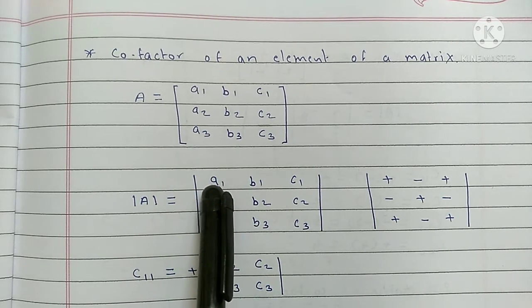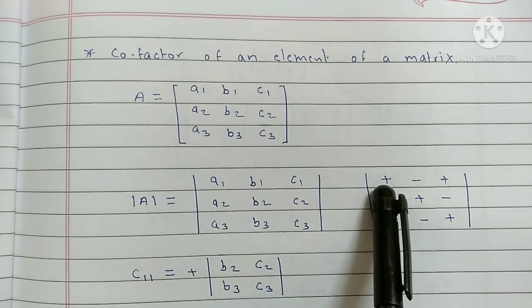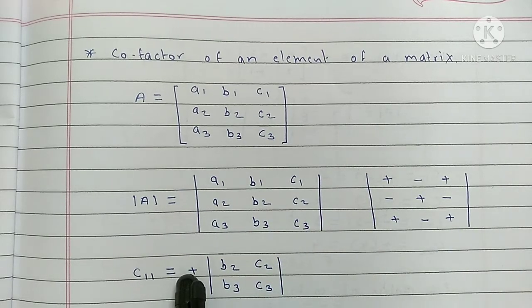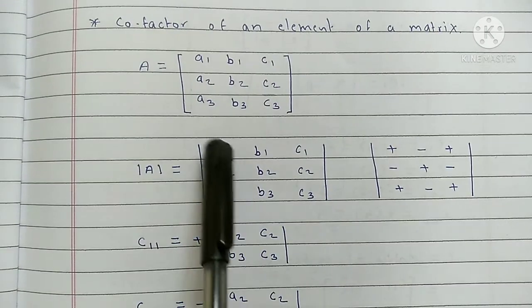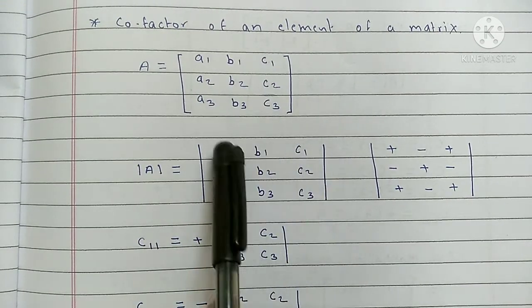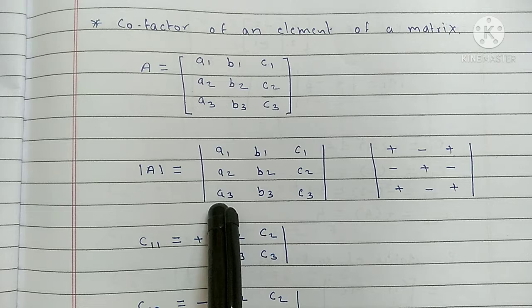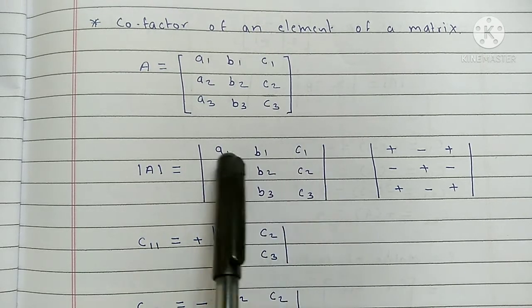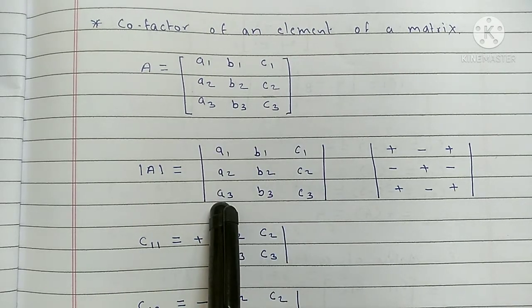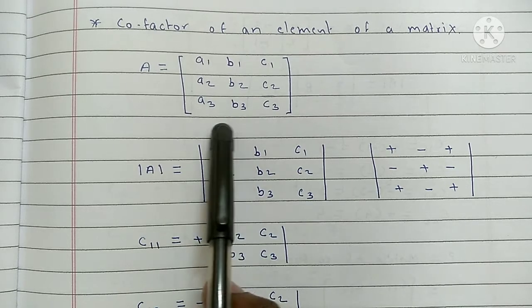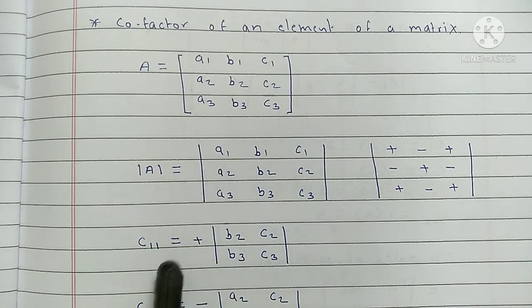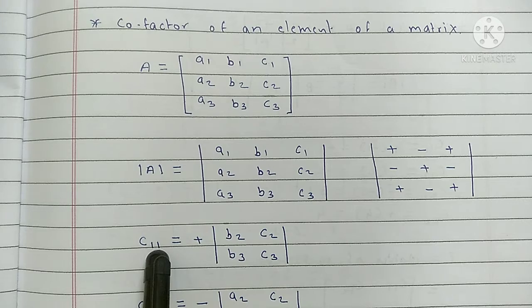Now, for A1, corresponding sign is plus. A1 is in first row and first column, so cofactor of this element A1 is denoted by C11.